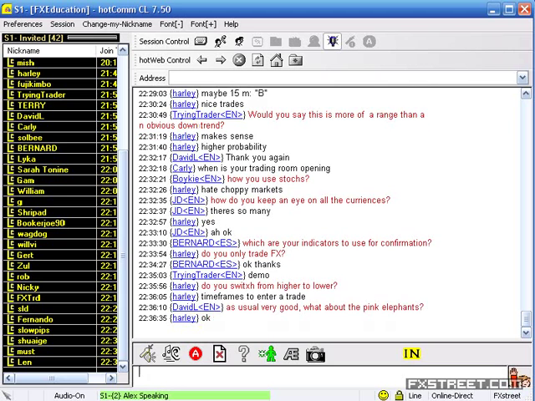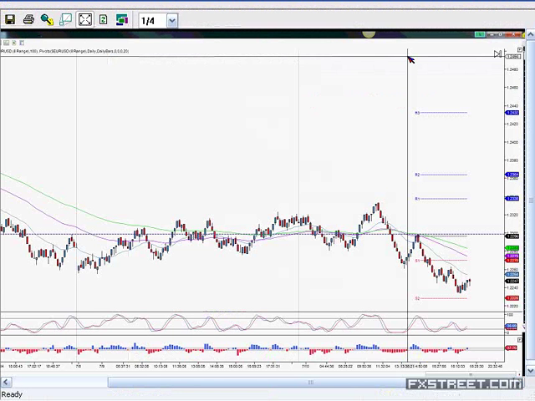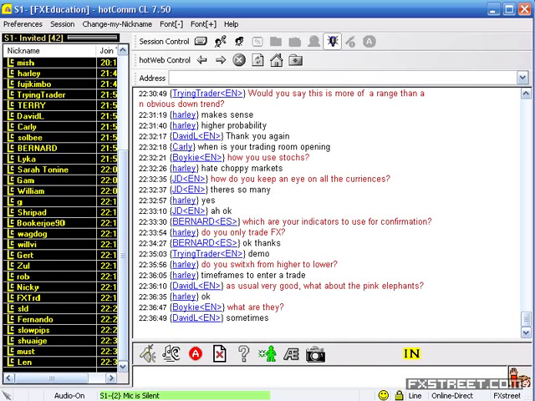About those pink elephants, haven't seen any lately, but I'll keep my eye out. And Sonny Claxton. Have you seen pink elephants, David? What are they?